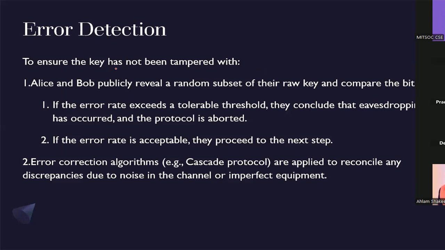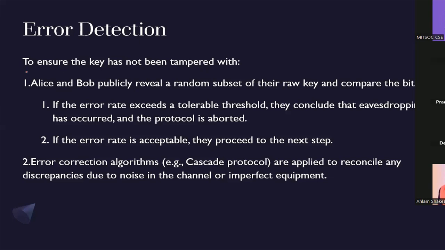Now, errors may arise while transmitting the photons from Alice to Bob. Might be due to noise in the channel or imperfect equipment, or some other reasons. But what we want to ensure in this algorithm is whether the key has been tampered with by someone else or not.